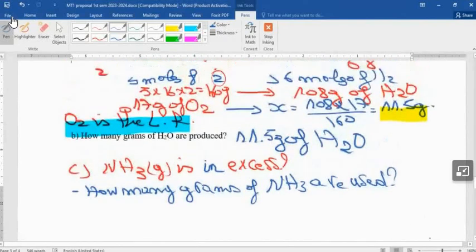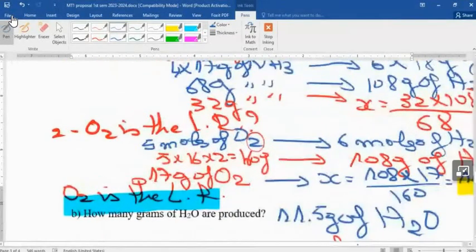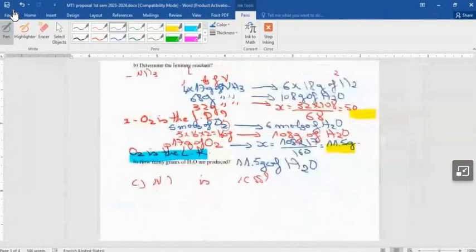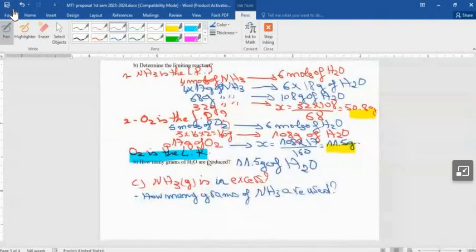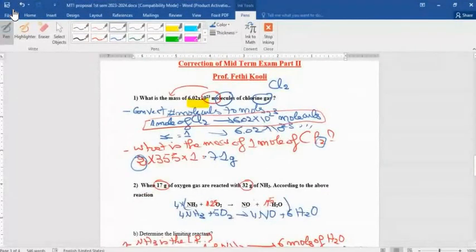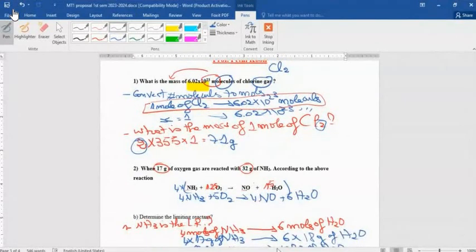So from my balanced chemical equation, how can I read it? 4 moles of ammonia means to consume 4 moles of ammonia, I need 5 moles of oxygen from this part of the equation.